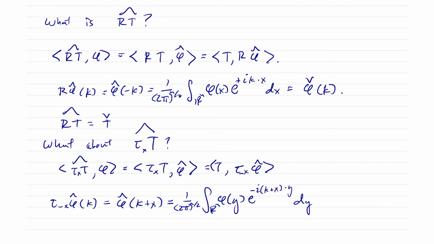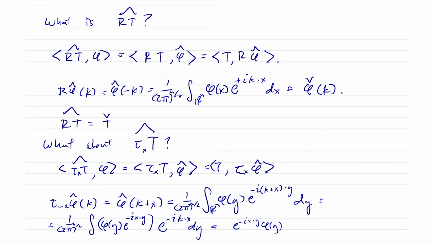So ultimately what we end up having is 1 over 2 pi to the n over 2 times the integral of phi of y e to the minus i x dot y times e to the minus i k dot y dy. And so this is equal to the Fourier transform of e to the minus i x dot y times phi of y, evaluated at k.